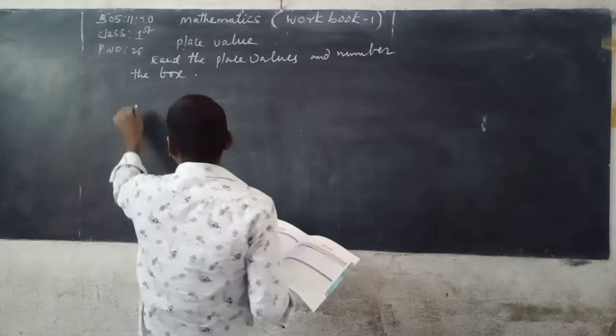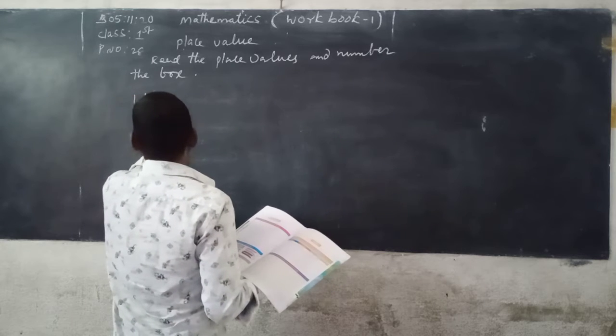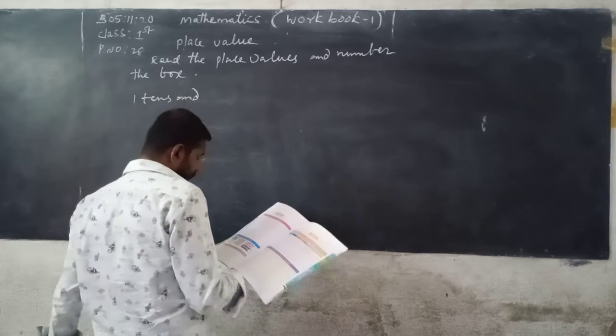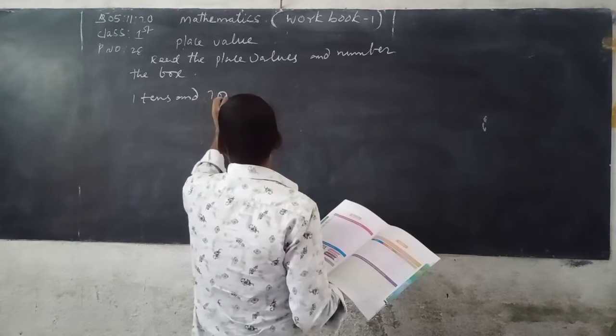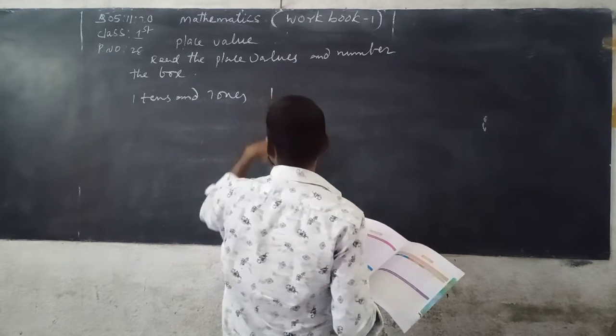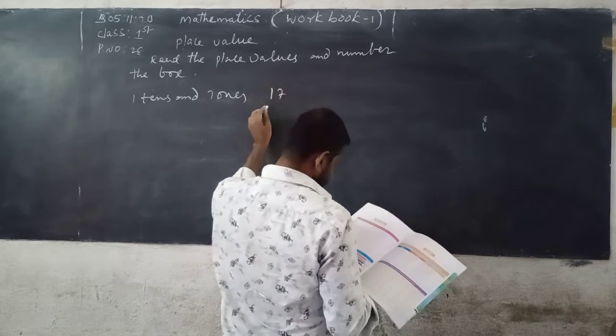See here, 1 tens and 7 ones. Very easy. 1 is in tens place, 7 is in ones place. So 17.